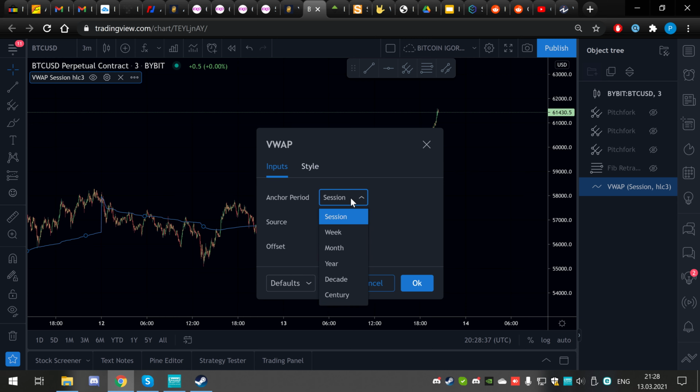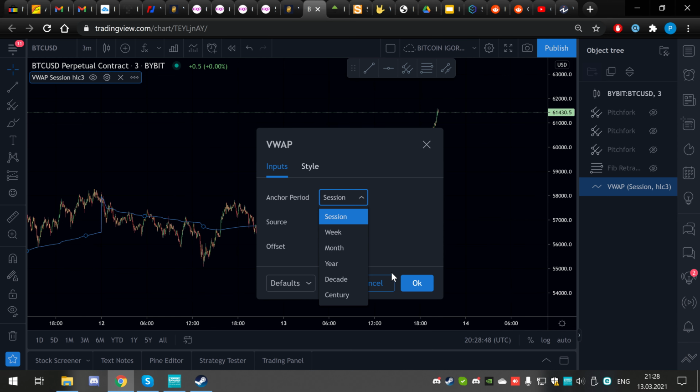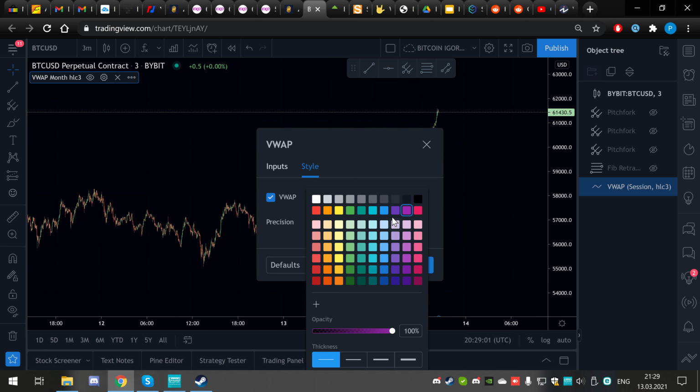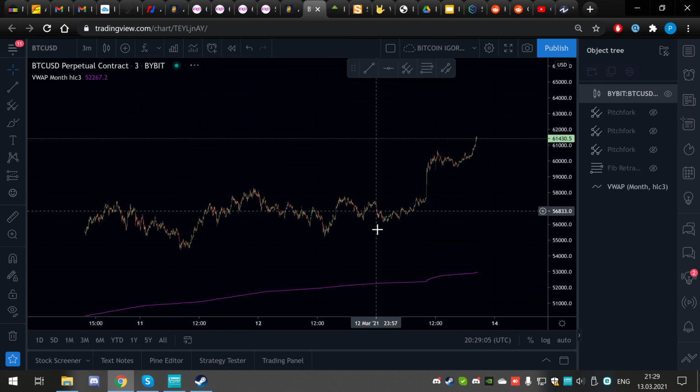Here, session is daily, same like Bybit, and here you have weekly, monthly, year. Year can be used as well in case Bitcoin drops 10,000, like a big nasty drop. Sometimes they can happen, and yearly VWAP is like super strong support. So let's go monthly. Yeah, it's not even on the chart.